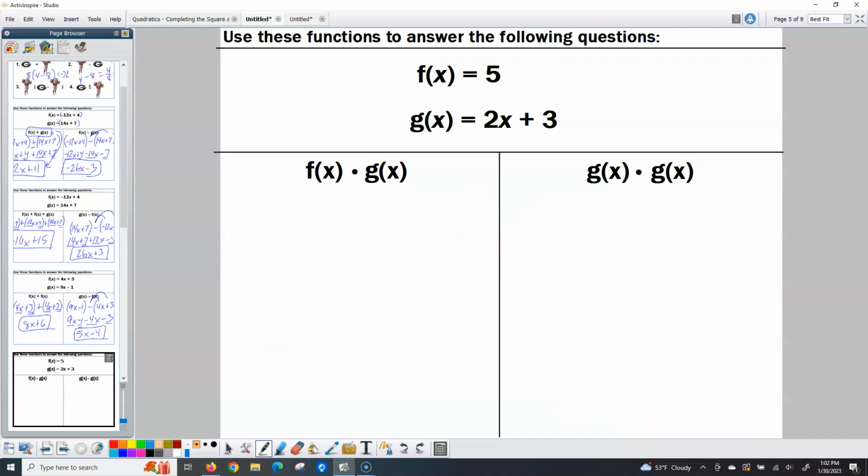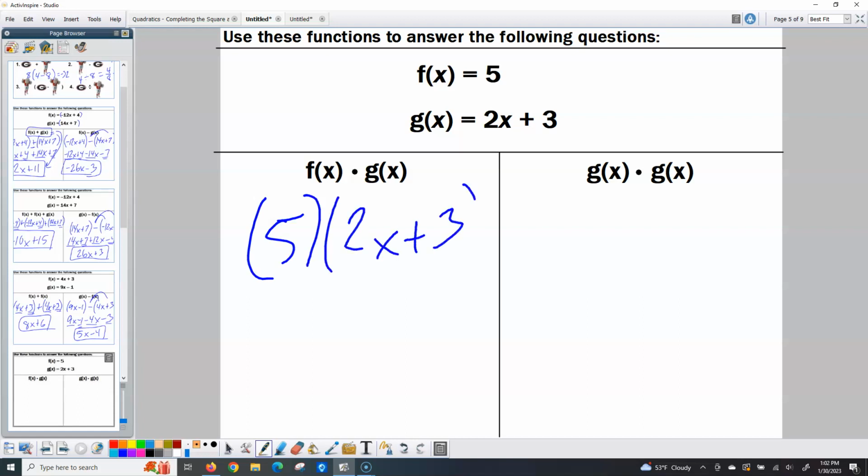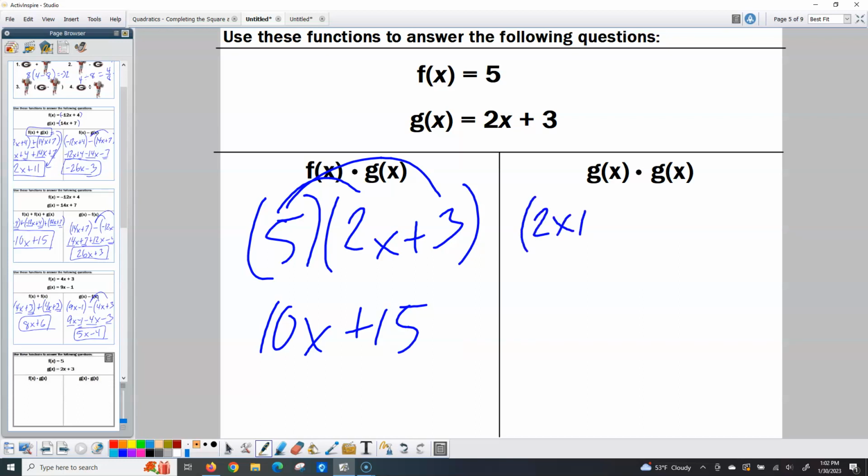Next, f of x times g of x. Well, f of x is just 5 times g of x is 2x plus 3. I think I'm just going to distribute right here. That's 10x plus 15.